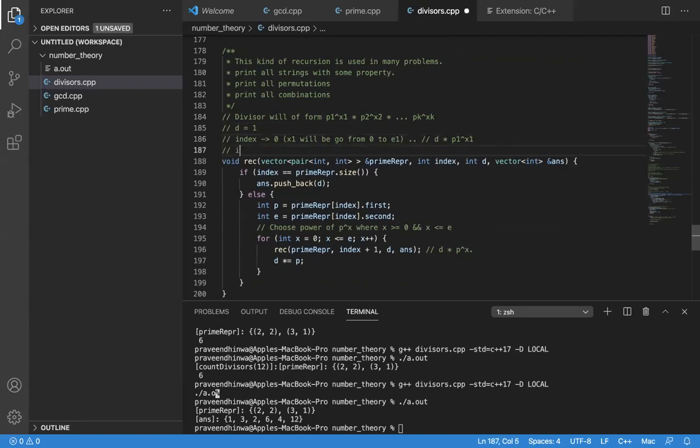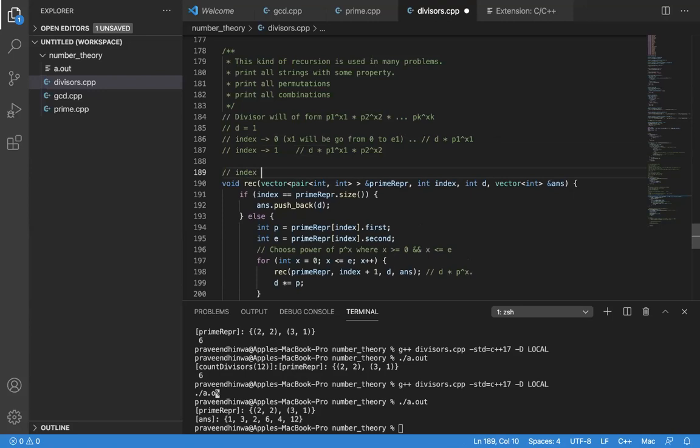When you go to index equal to 1, you will multiply d again by some number. So d times p1 power x1, you will multiply by p2 power x2, till you reach the end.